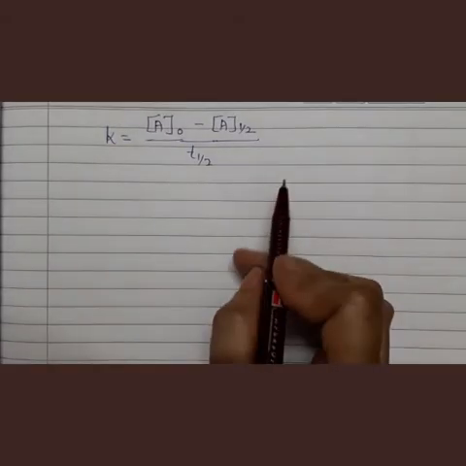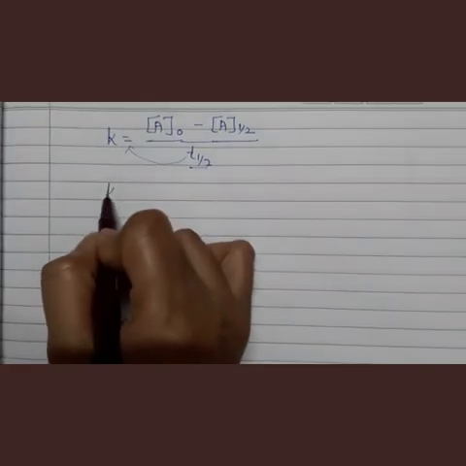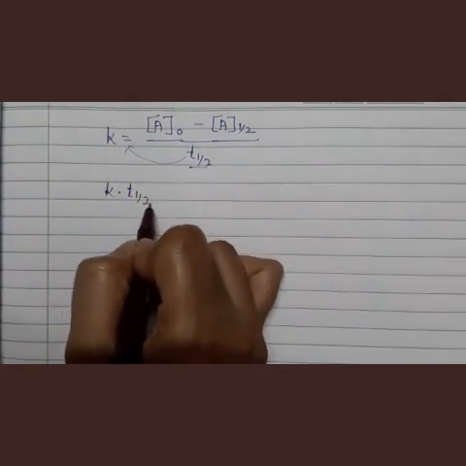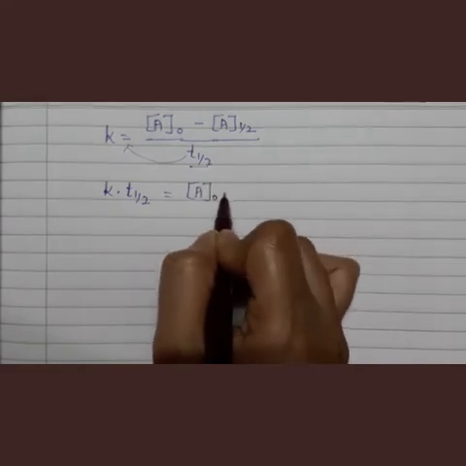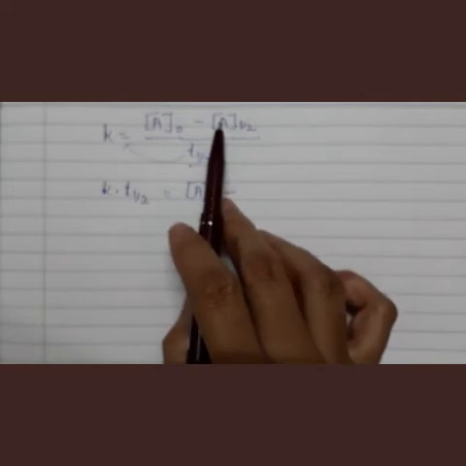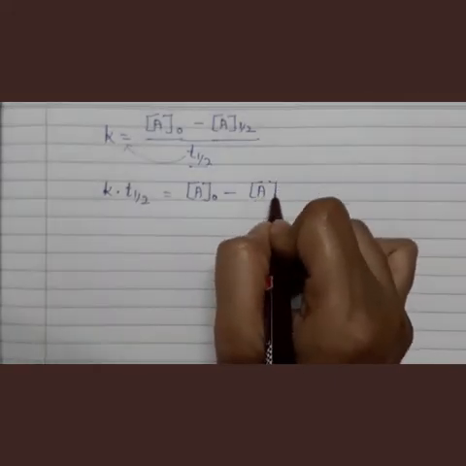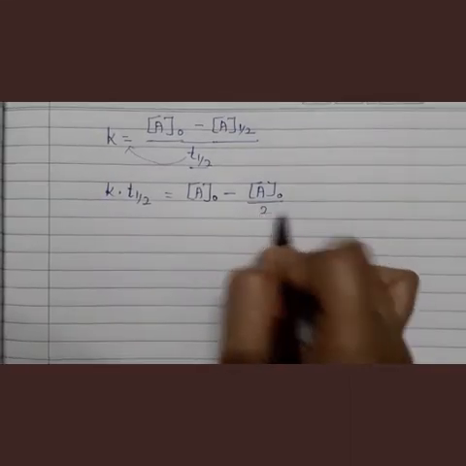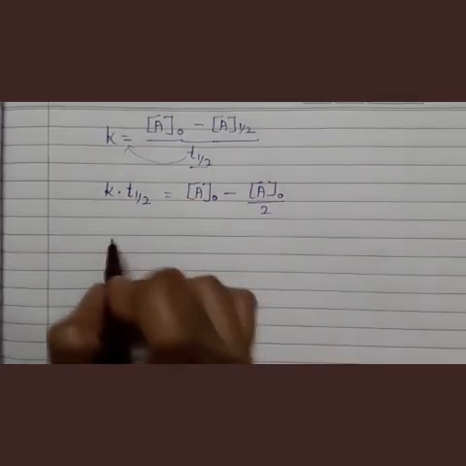Now let us send this term T half to the other side. So K multiplied by T half is equal to initial concentration minus half of the concentration. A half can be written as A0, the initial concentration, by 2.